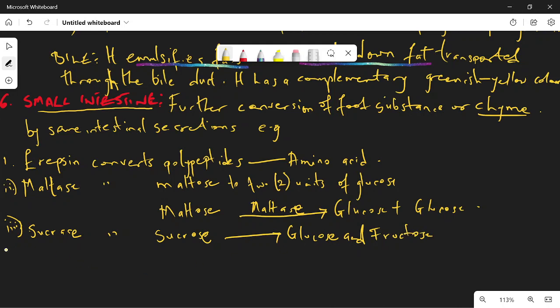And then we have another one called the lactase. Lactase converts lactose to glucose plus galactose.